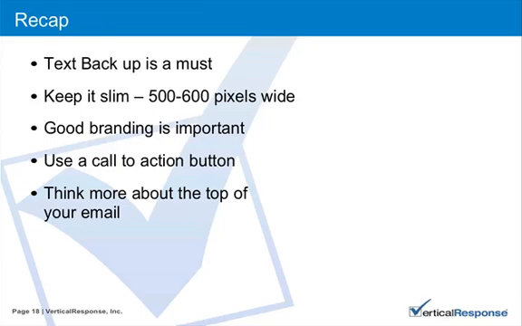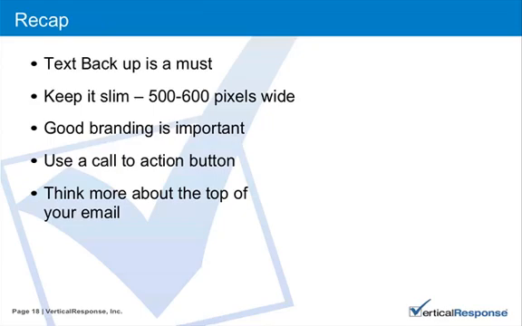So just for a recap, remember text backup is really important. Not everyone sees the graphical version on a mobile phone, so make sure it looks good. Keep your email slim so that it's easy to read on a phone and it cuts down really well. Also, for anyone looking at it in any regular email client, you want to have a fairly slim email as well.